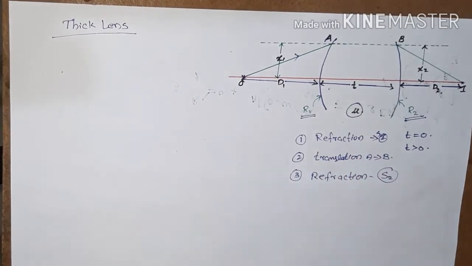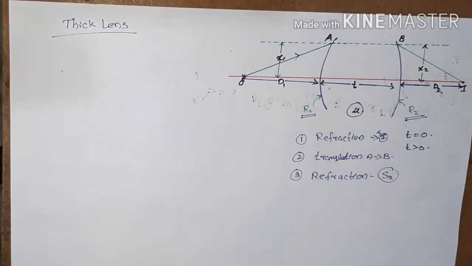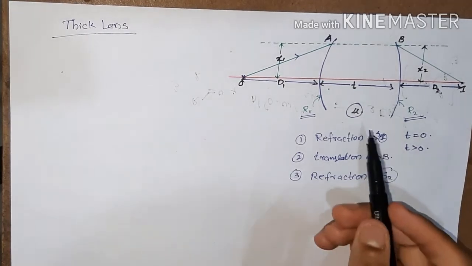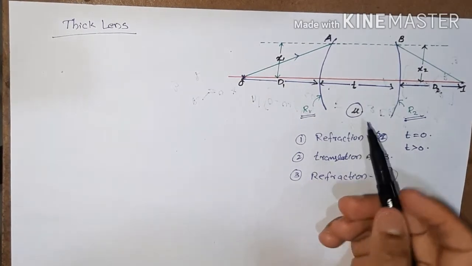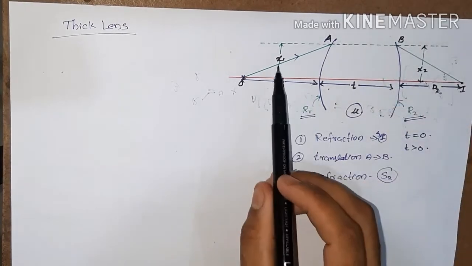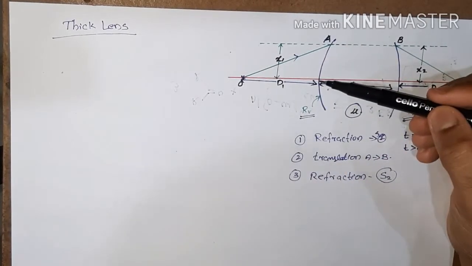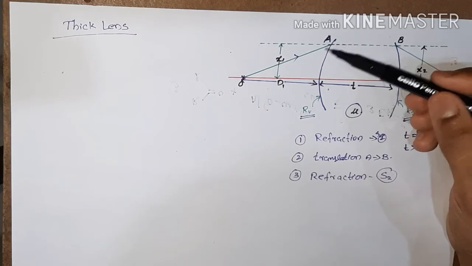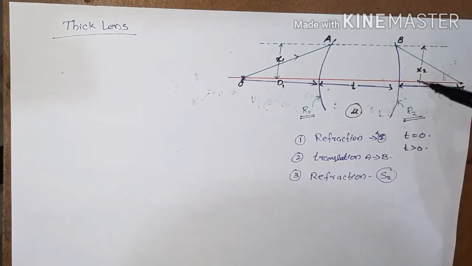So here I have to deal with the matrix method. Before that, I am marking the vertical distance from the optical axis to this point as x1 and to this point as x2.